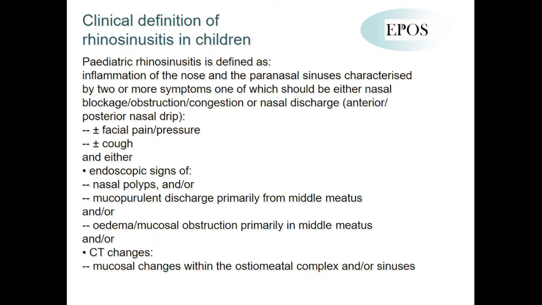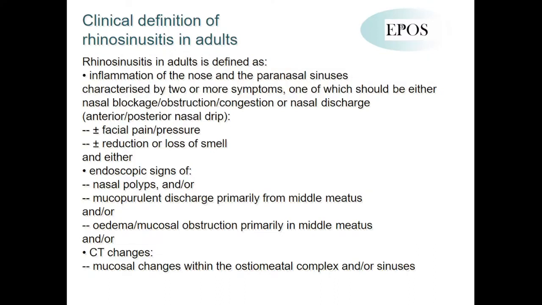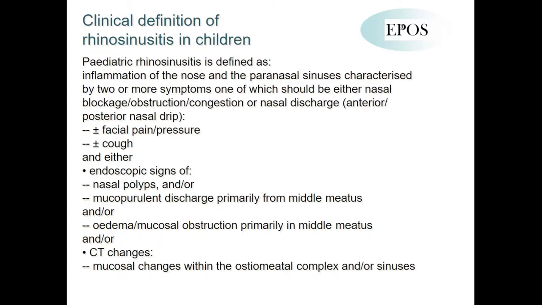If comparing with the previous definition, in adults it's reduction or loss of smell, in children it's cough. And either endoscopic signs of nasal polyps and/or mucopurulent discharge, edema or mucosal obstruction, and CT scan changes.